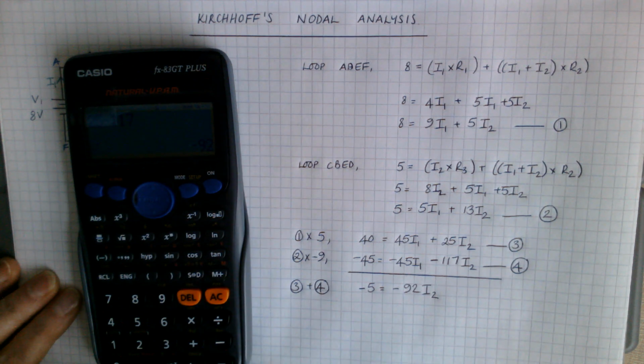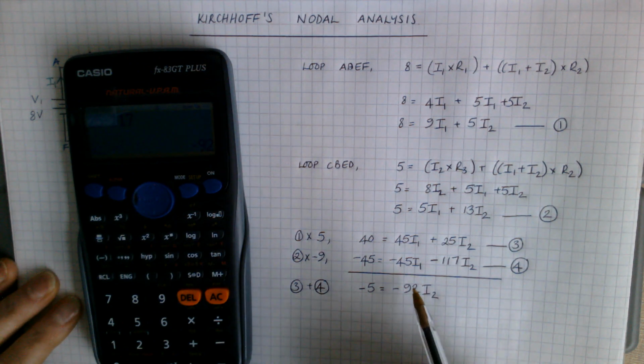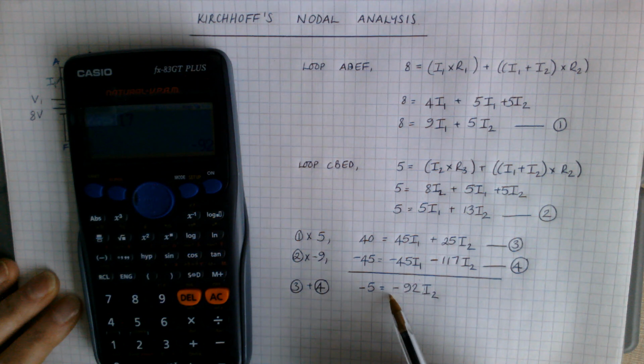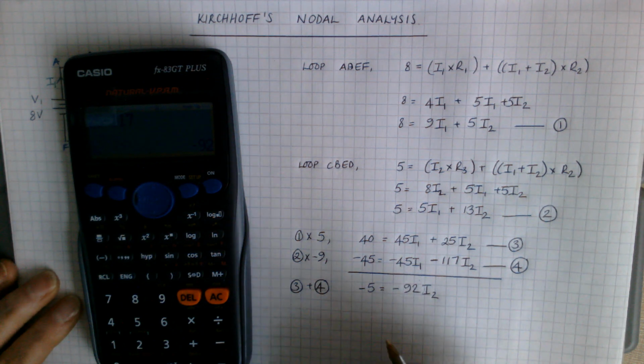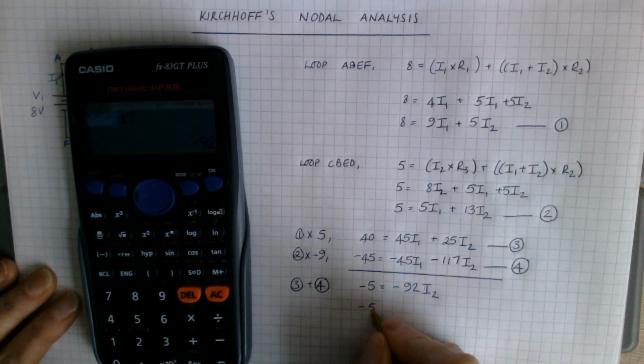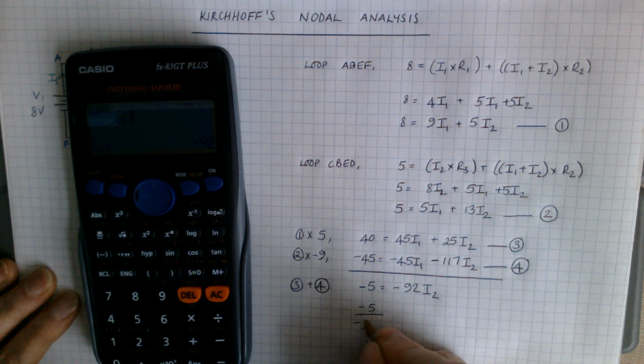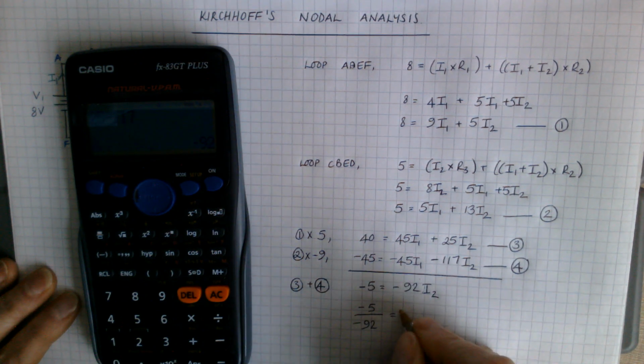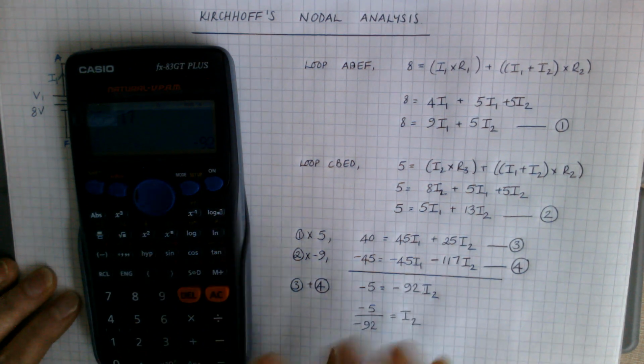And then all I have to do is take this across to this side, so I get what I2 equals. So minus 5 divided by minus 92 is I2.